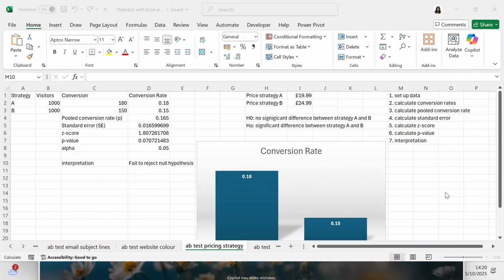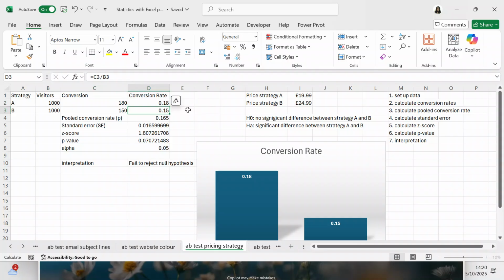For strategy A, you have 1,000 customers and you have a conversion of 180. And for strategy B, you have 1,000 customers and you have a conversion of 150. So the conversion rate for strategy A is 18%, and the conversion rate for strategy B is 15%.